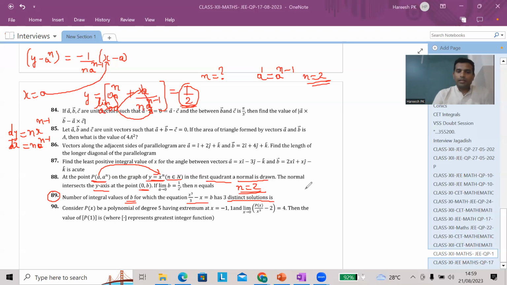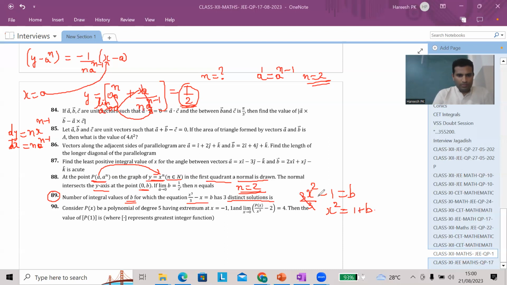Now, they are saying the original equation is having 3 roots. That means the derivative should have 2 roots. So when you differentiate, you will get 3x square by 3 minus 1 is equal to b. So x square is equal to 1 plus b. Right?